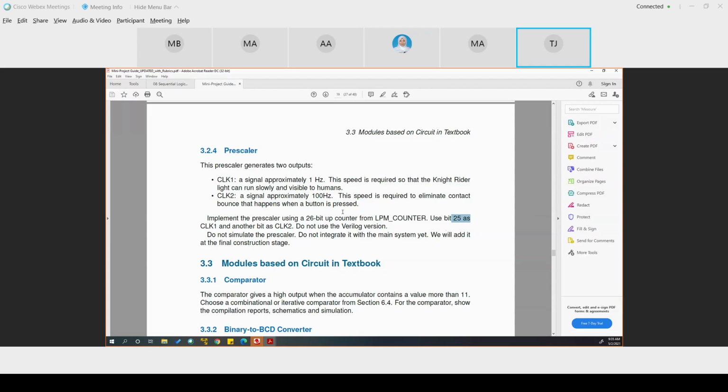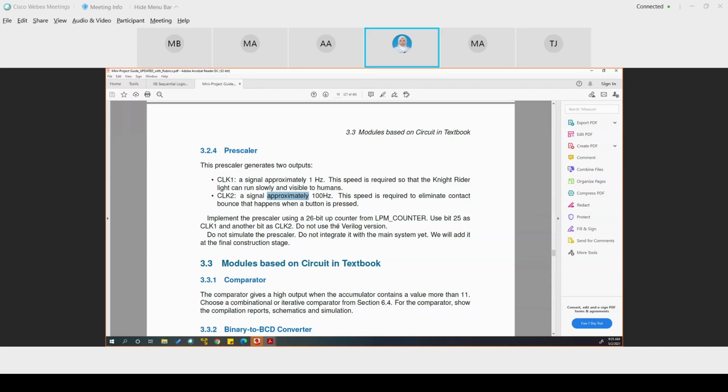My circuit is working, but I really cannot get 100 hertz exactly. It's okay because it said approximately, right? Approximately means approximate is okay.